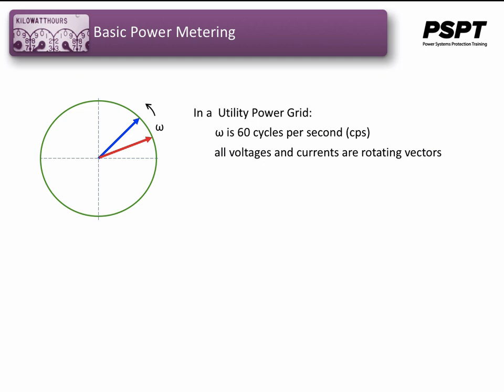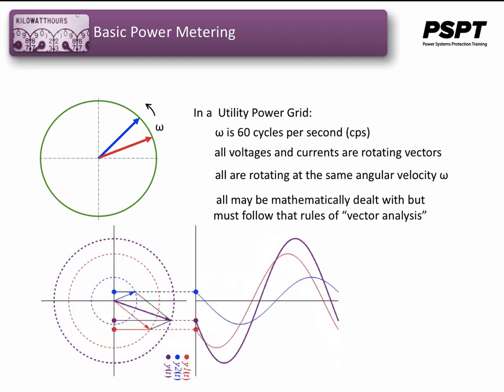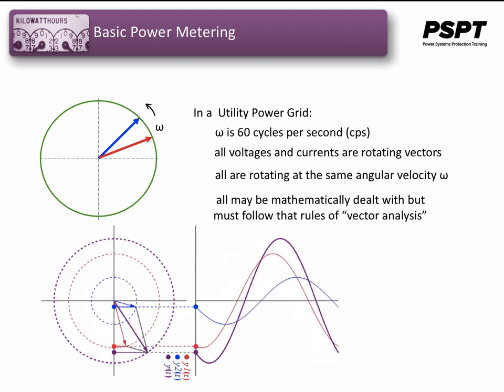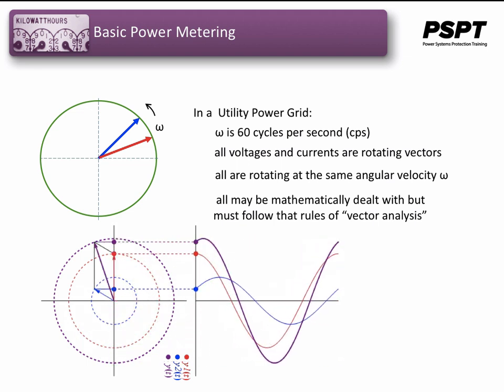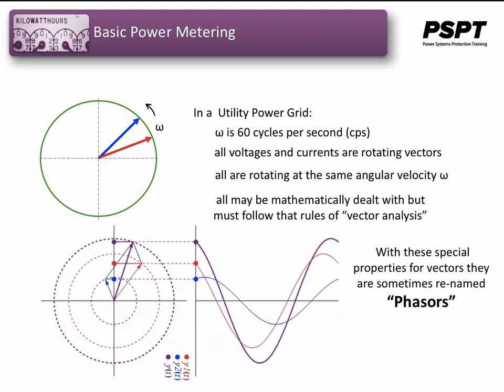All voltages and currents are rotating vectors. All are rotating at the same angular velocity, and all may be mathematically dealt with, but must follow the rules of vector analysis. With these special properties, vectors are sometimes renamed phasors.